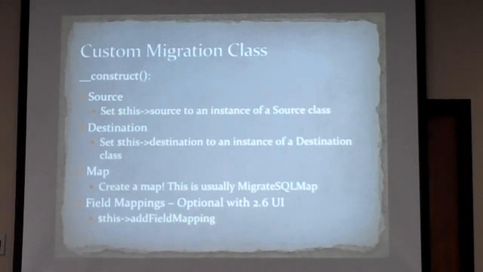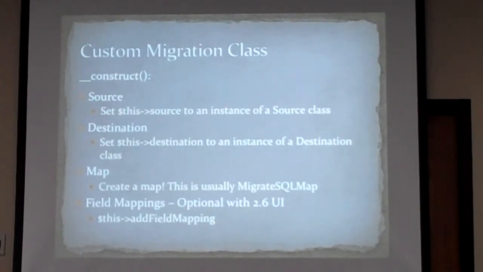Inside of its constructor, I have to set up a whole bunch of things. I have to set up where FooCMS's data lives. How do I get to it? That's the source class, MigrateSource. I have to say, where are these going? So in the case of foo user, I would have a new MigrateDestinationUser set to this destination.